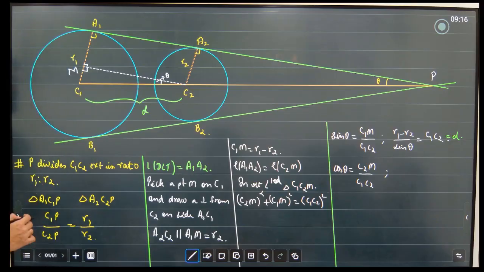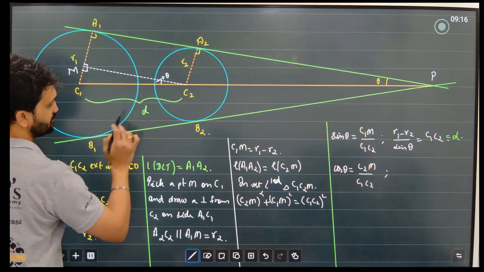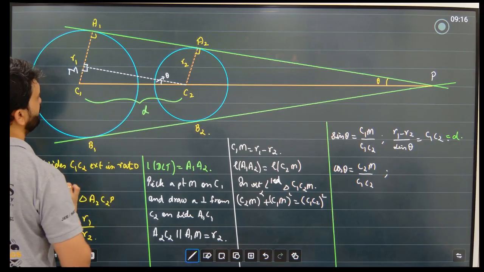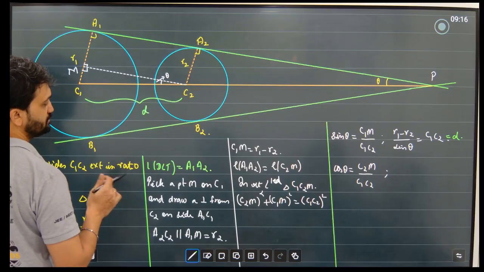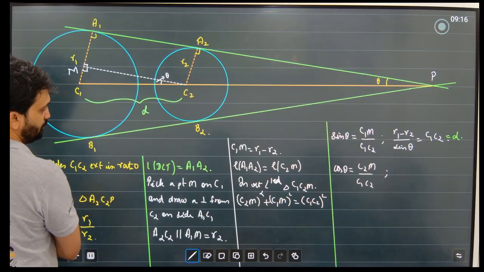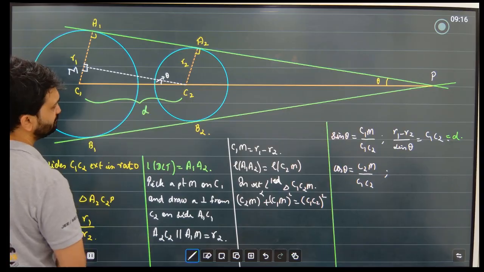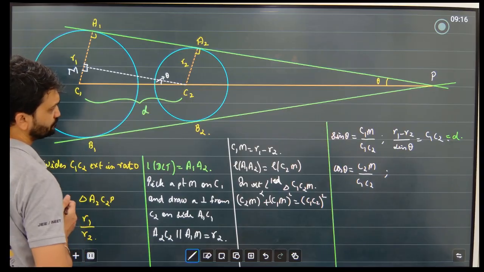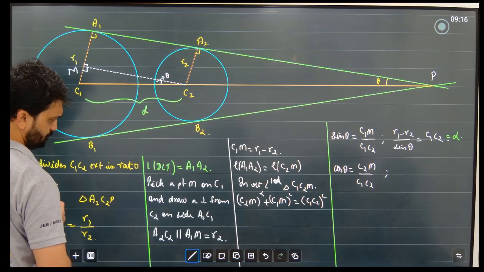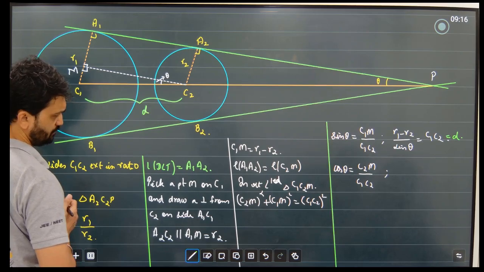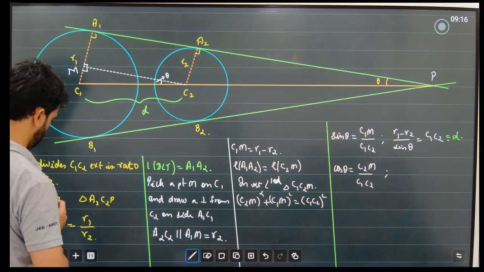Did you understand this? So C2M upon C1 C2, and I have the value of C1 C2, which is D only. So D cos theta is equal to C2M. Okay? Can we use that value? We can take C1 C2 on that side, bring cos theta down, and then equate them, and we have C1M upon C2M there.